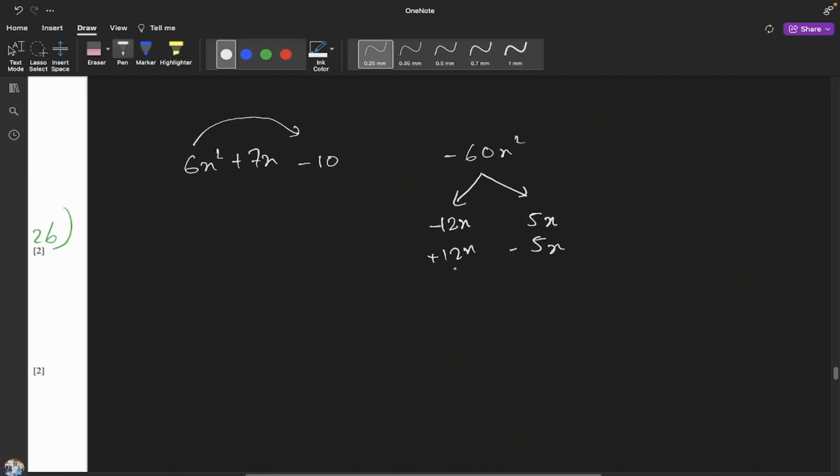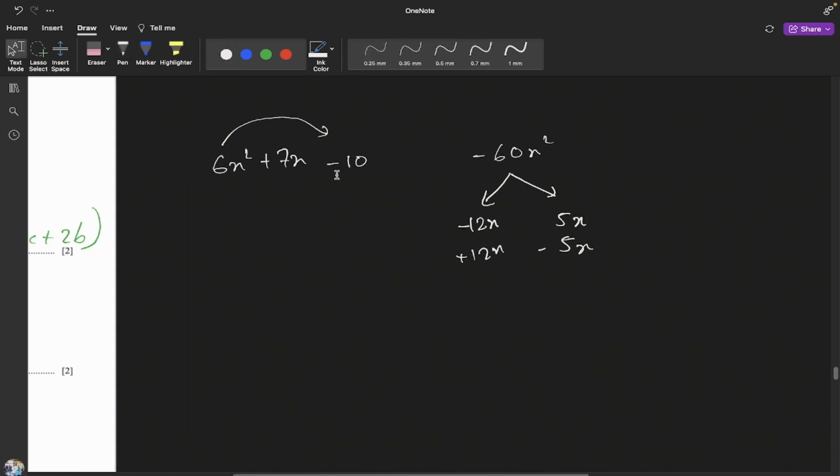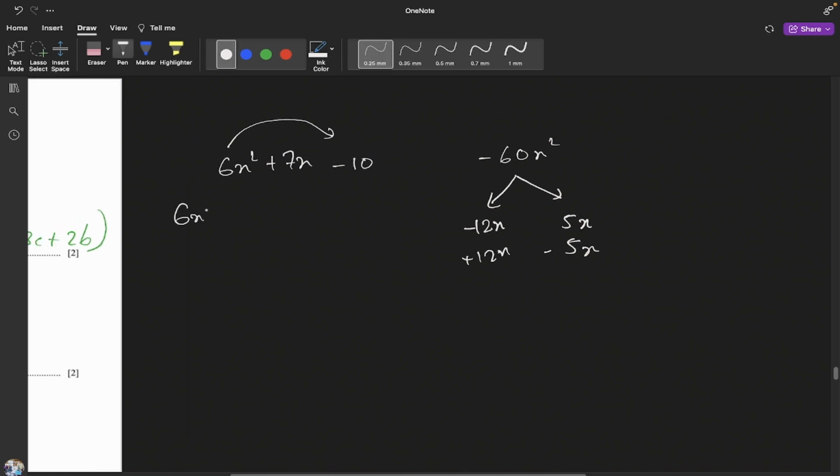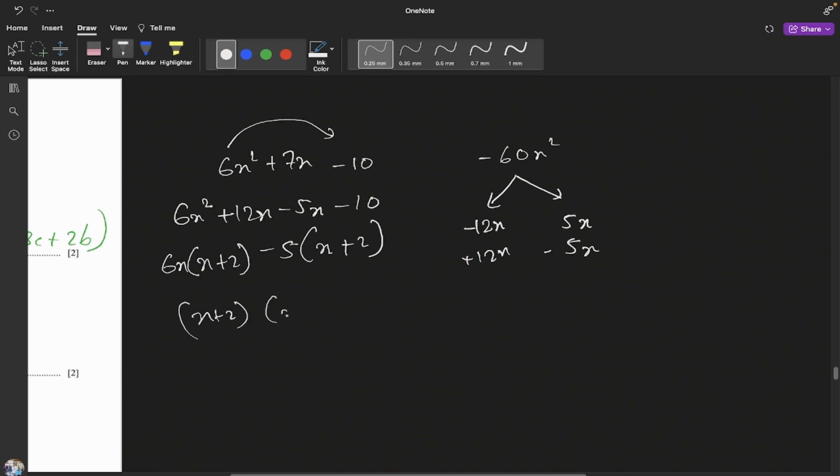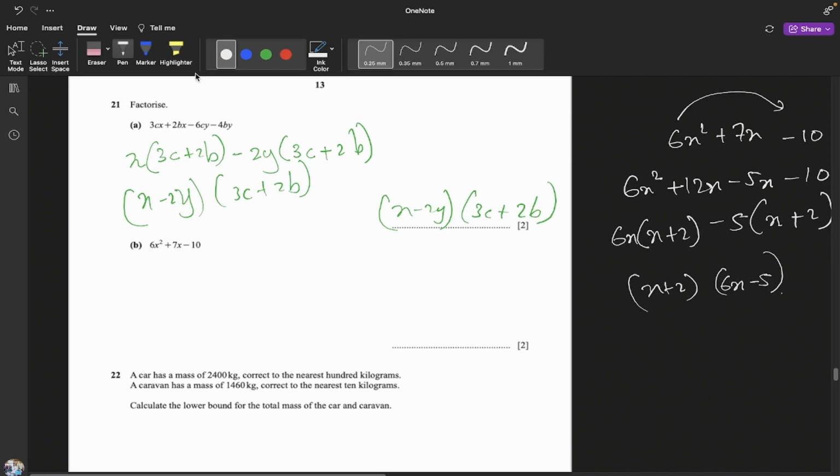This is possible, right? Plus 12 minus 5 is plus 7. So I'll write that one. 6x squared plus 12x minus 5x minus 10. If I take 6x out, x plus 2. If I take minus 5 out, x plus 2. So the answer is x plus 2 and 6x minus 5.